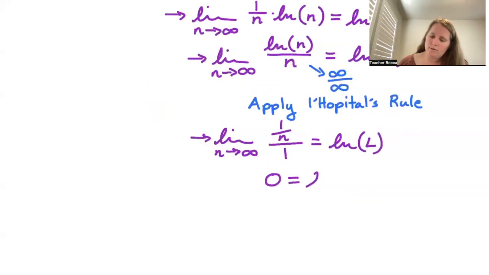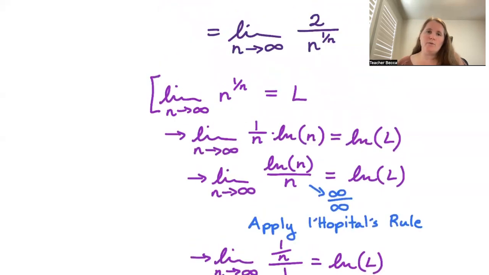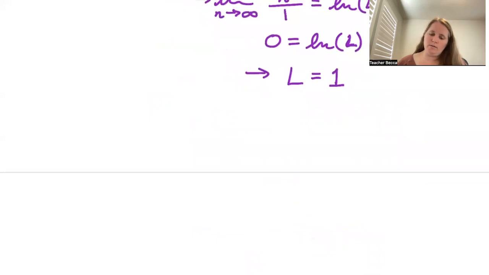So we have 0 equals the natural log of L. And so that means that our L must be equal to 1. Natural log of 1 is 0. So we have, therefore, that the limit as n goes to infinity of n to the 1 over n is just 1.